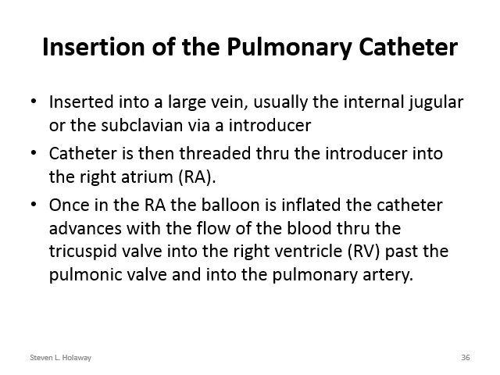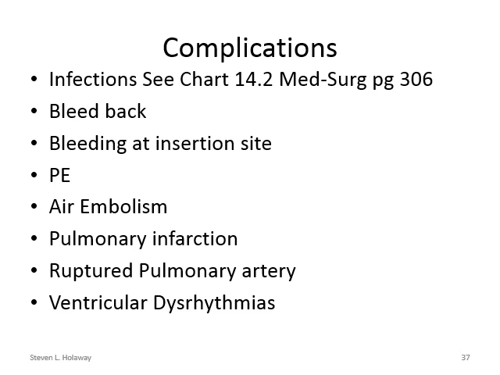Again, we talked about it's inserted into a large vein, usually internal jugular or the subclavian. Depends on what type of surgery they're doing or who's doing it. Threaded through. Once the balloon's inflated, basically we take down the balloon, so we're managing the PA pressures on those patients. Complications, basically the complications are pretty much like any other central line.